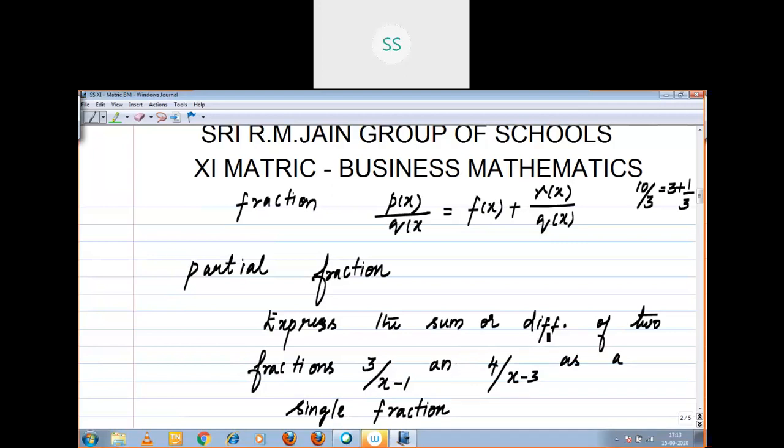The sum or difference of two fractions. Got it, children? Say yes or no? Yeah. That is partial.